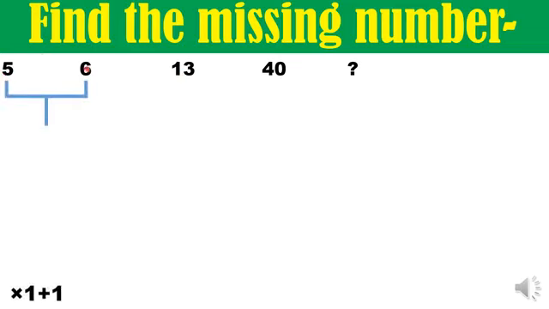Yes, it is multiplication by 1 plus 1. 5 ones are 5 plus 1 is equal to 6. Then the relation between both these numbers: 6 ones are 6. And what should we add? If you add 1, it would be 7. No. Then multiply it. 6 twos are.